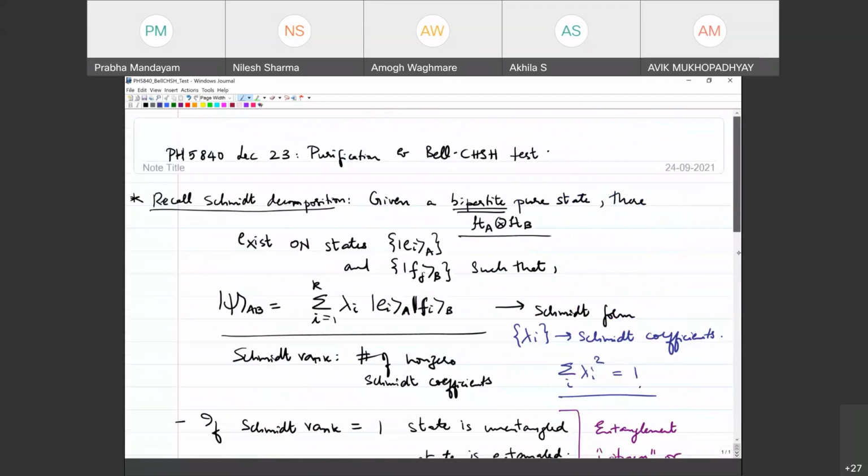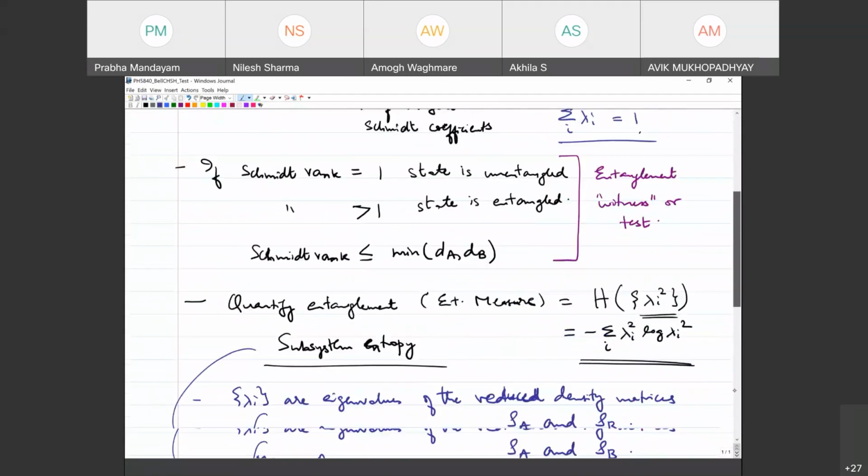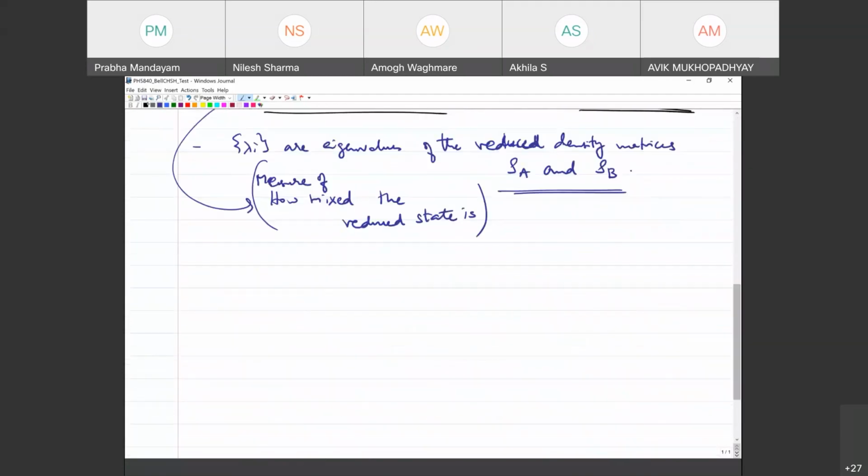If not, I will move on to talking about what I've put in the title of the lecture today, namely the idea of purification. So we have seen how to go from a bipartite state to the reduced or the local states. Purification is kind of the converse idea.